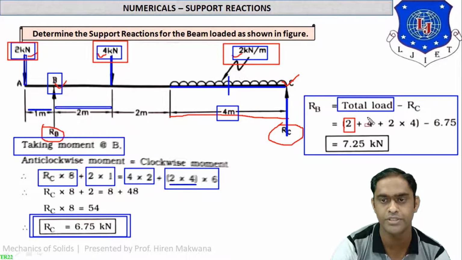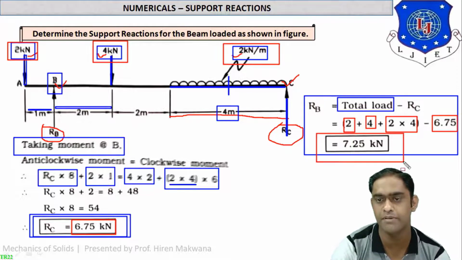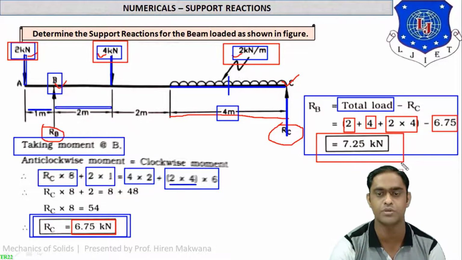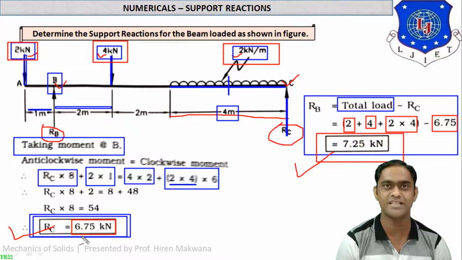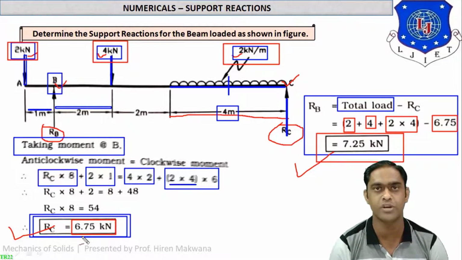From these three total loads, just subtract RC 6.75. So the total answer of RB will be 7.25 kilonewton. So this is our second reaction RB and this is our first reaction RC. So this is basically the numerical in which two support reactions we have to calculate.